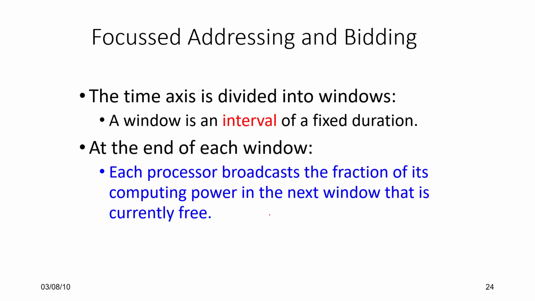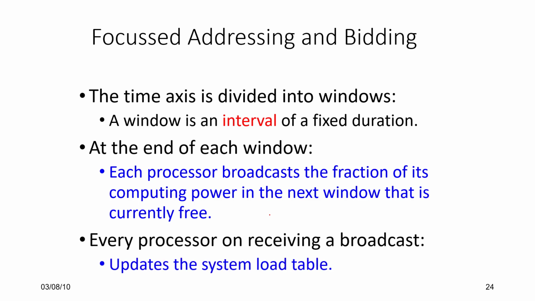Because we have a set of committed tasks, a set of periodic tasks, a set of tasks which have come, certain commitments have to be made already. So let's say that is taking up 70% of the window. Then a processor lets the other processors know that look, 30% of the window is still free. So every processor on receiving a broadcast will update the system load table.